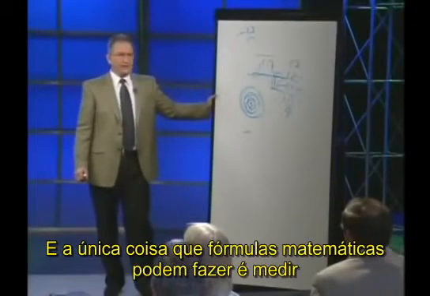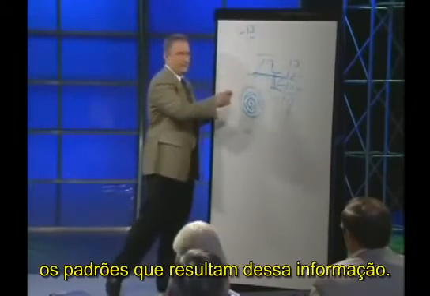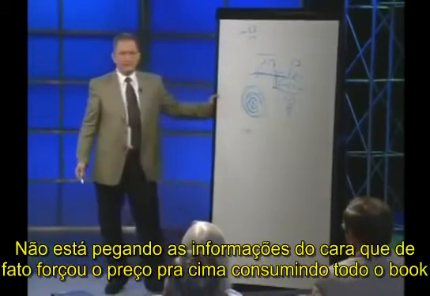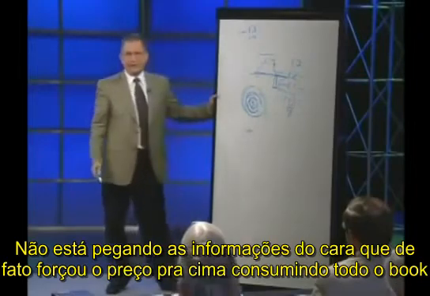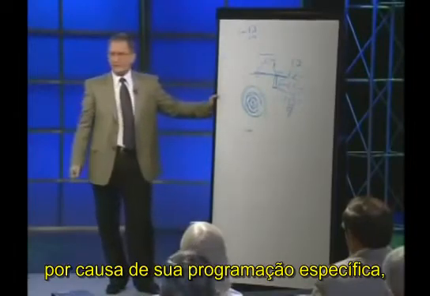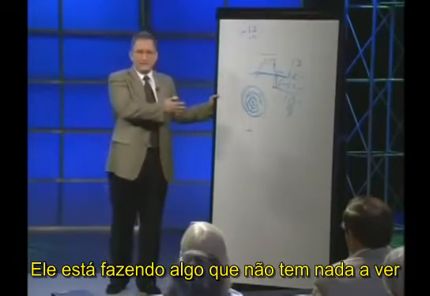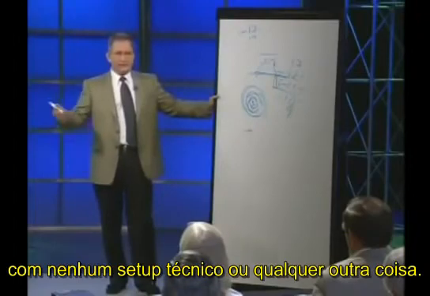And the only thing that mathematical formulas can do is measure the patterns that result from that information. It isn't getting the information of the guy who bid the market up by taking out all the offers because he's got some specific agenda about where he wants to see the prices go, because he's doing something that has nothing to do with your technical methodology or anybody else's.